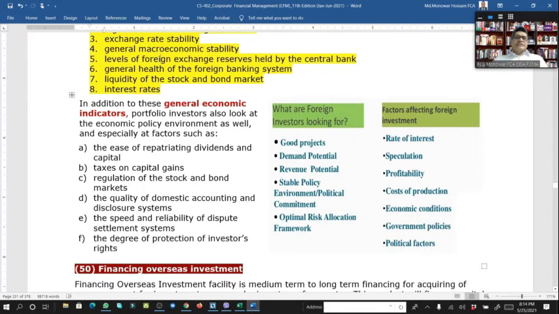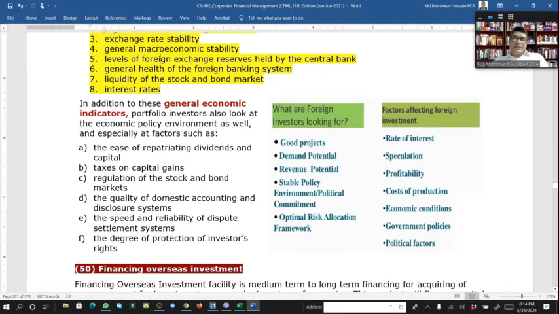In addition, general economic indicators are the repatriation of dividends and capital. That means if there is profit, we know dividend is declared after paying the tax from the net profit. The money left, a proportion of that they declare or pay as dividend, and the excess of the dividend they retain within the company.